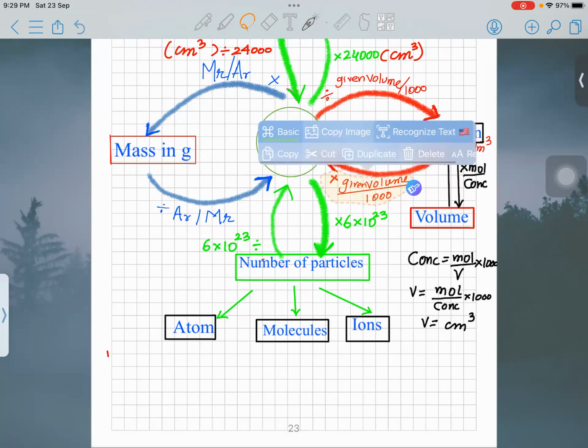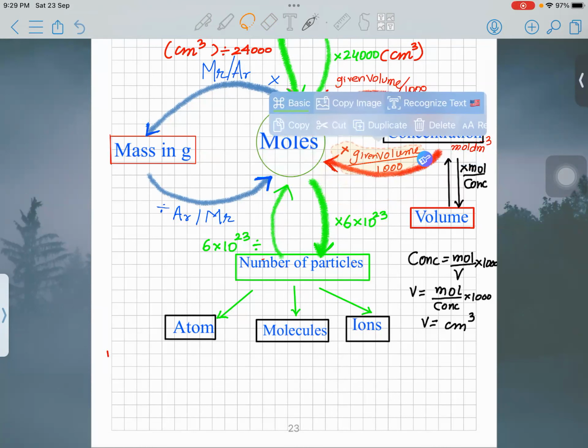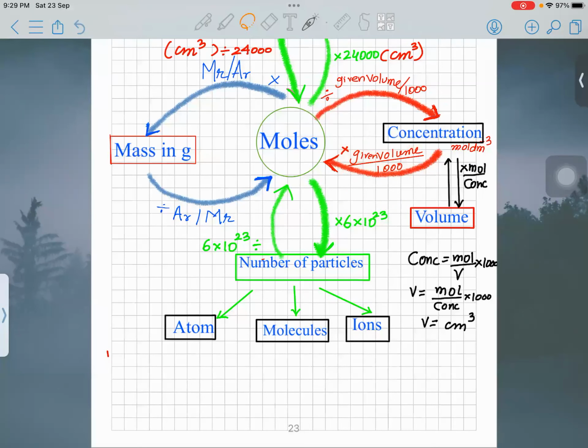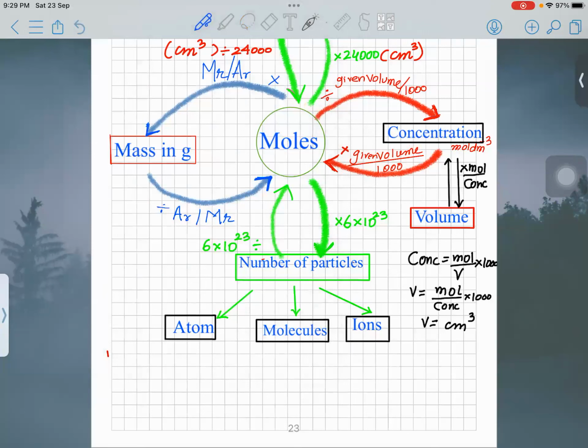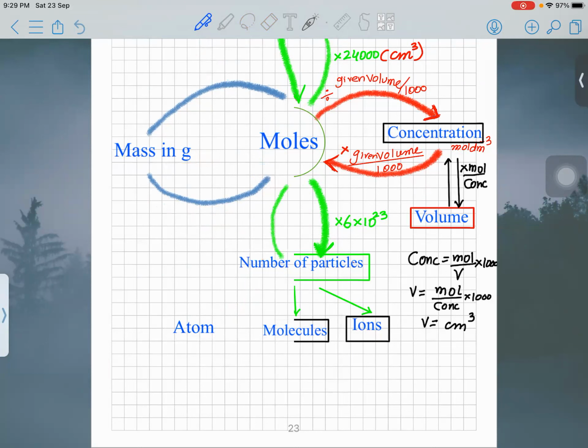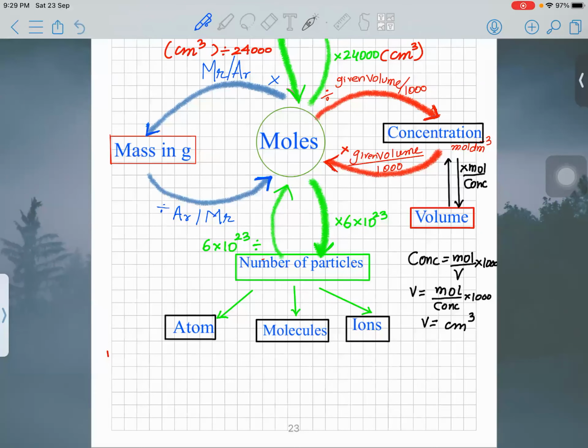Now next, when you multiply concentration over volume, you will get the concentration. Now look at the formula again. Mole over volume.